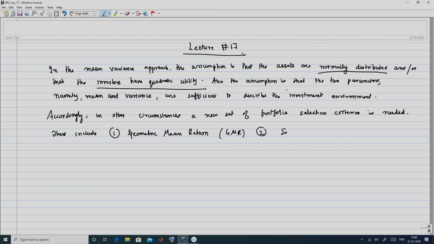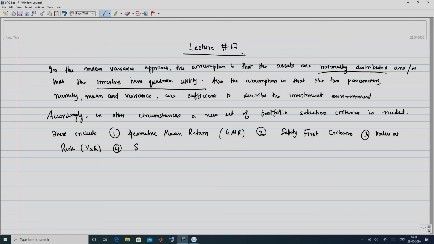Then we have the safety first criteria. The third is value at risk, or VAR. This is something we will discuss in detail in the later half of the course.